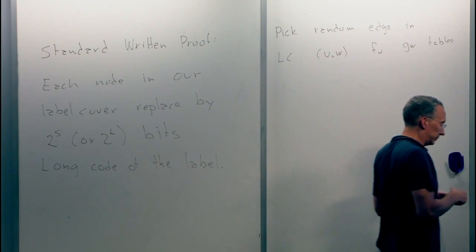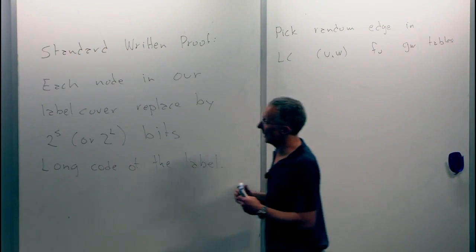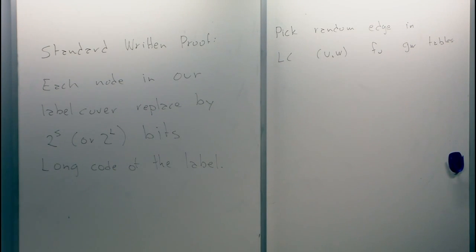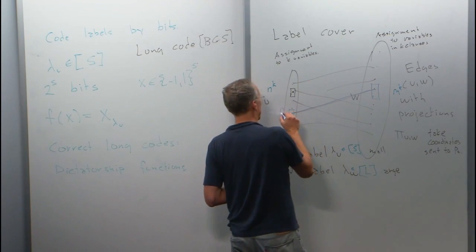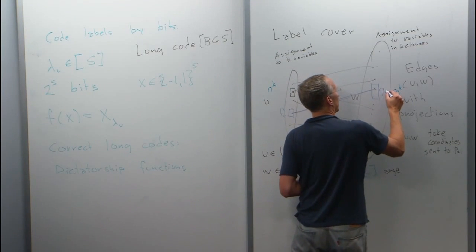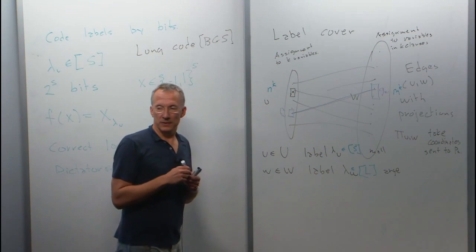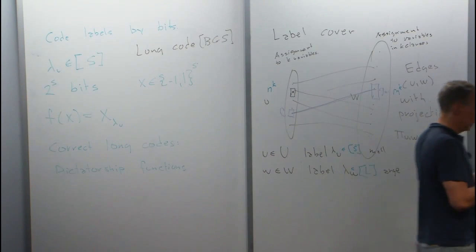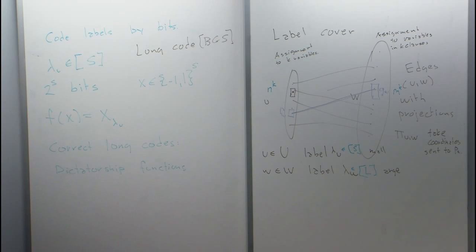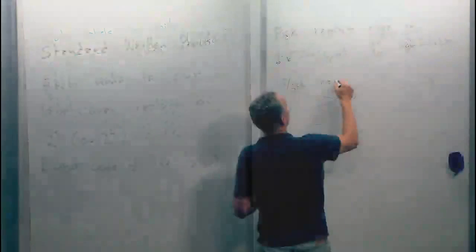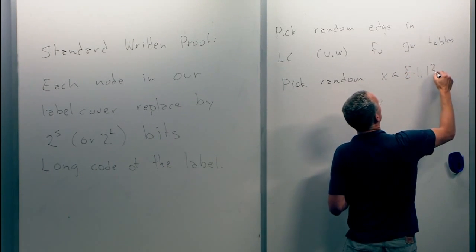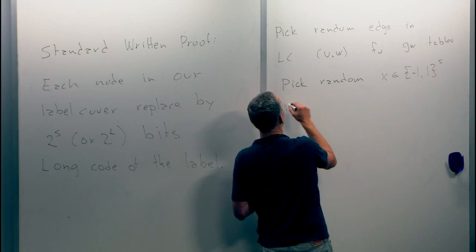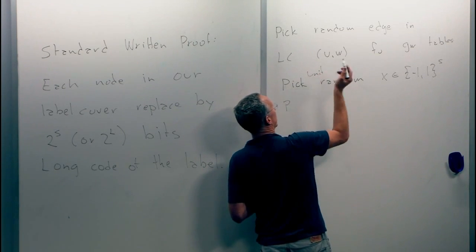So the way we're going to make cleverly checkable proofs is that we'll pick a random edge here, and then we have a little table sitting here, and a table sitting there. This will be my FU, this is my GW, and we're going to read some bits in them. When I say random, I mean uniform and so forth.